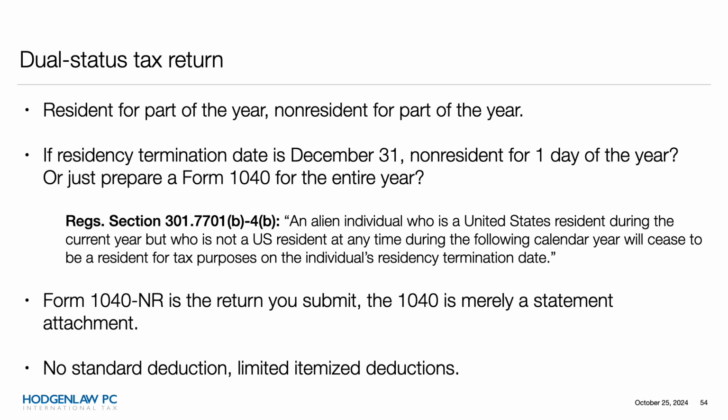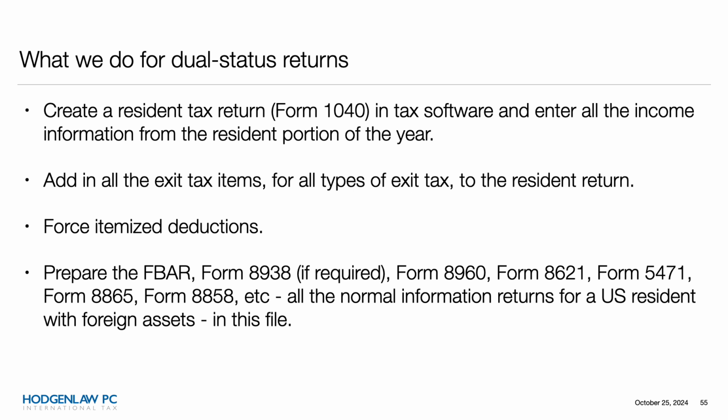For the dual status tax return, note that there's no standard deduction and only limited itemized deductions. So here's a little guide to what we do for dual status returns. We create a resident tax return, Form 1040, in our tax software, and we enter all the income information from the resident portion of the year in that.